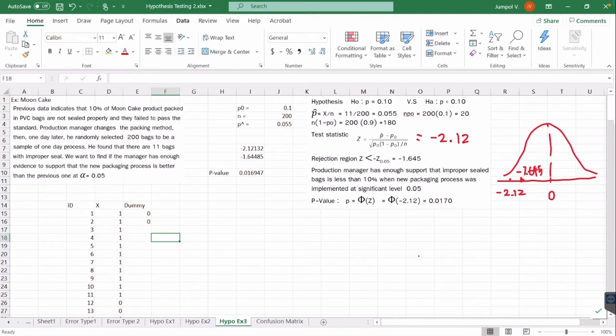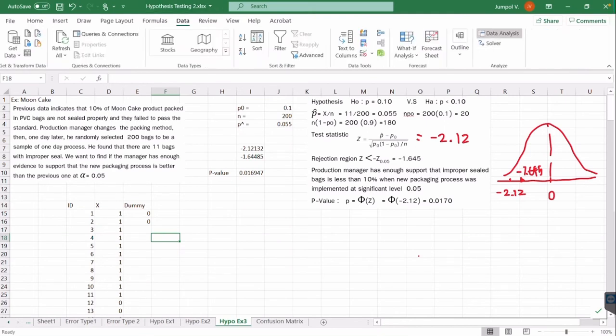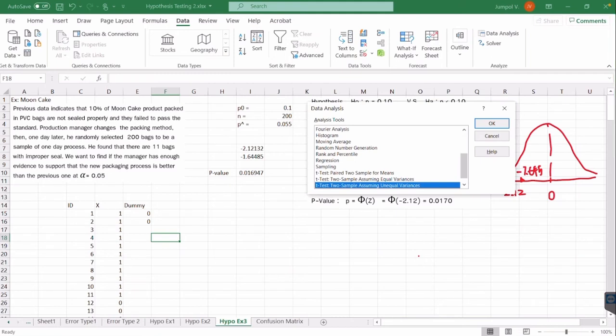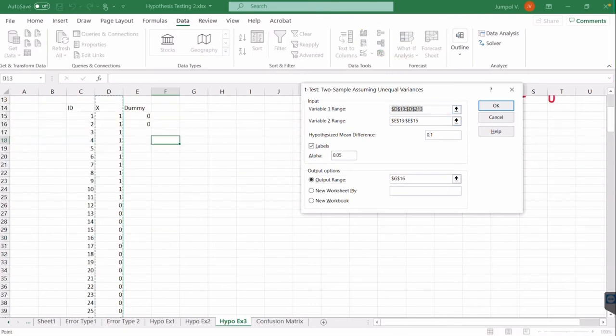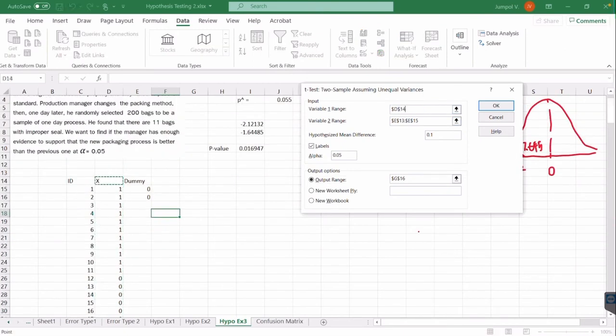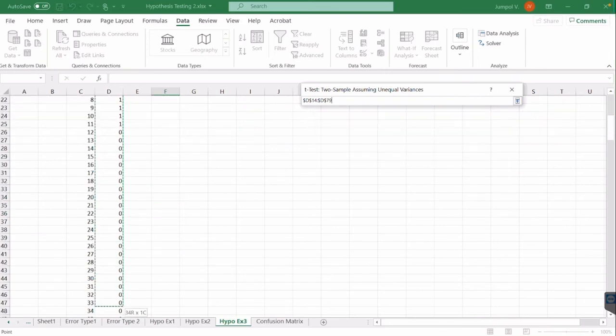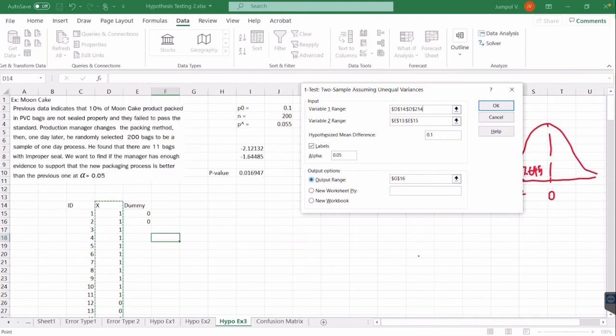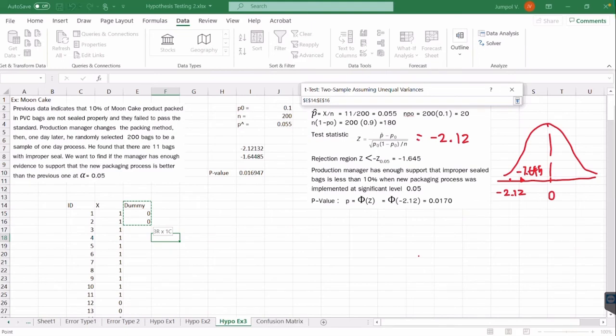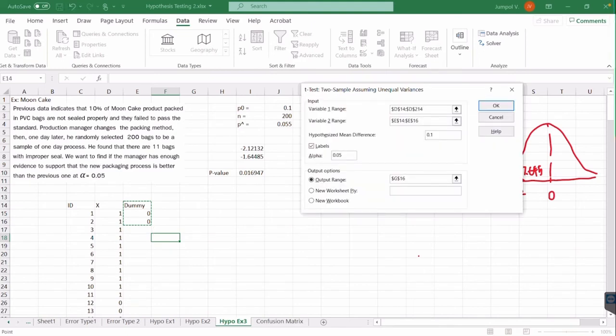Now we can use Data Analysis, t-test for two samples assuming unequal variances, and select the first variable range, which is this one. The second one is the trick: this is treated as two samples, not one.